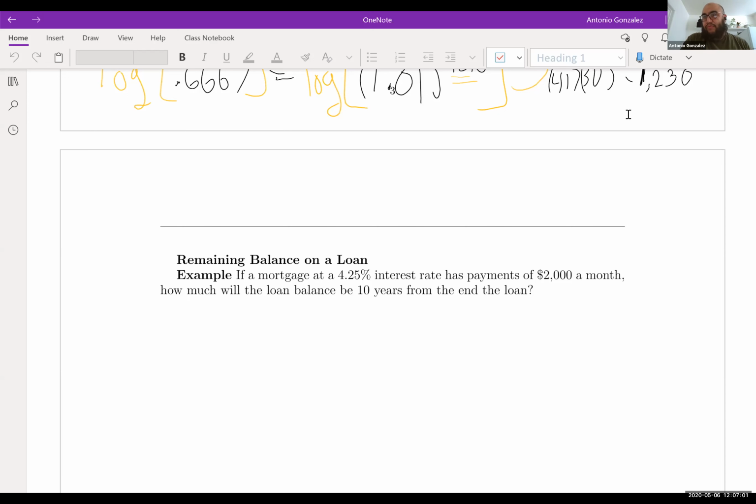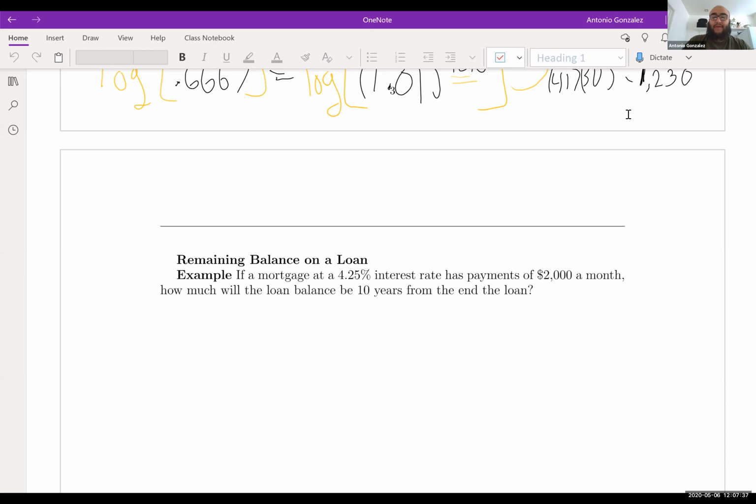For the first several years of the loan, a lot of that is interest, and you slowly break down the principal, and eventually that overtakes, and in the last few years you're making more contributions to paying down the principal. So what we're going to look at today is, what if 5 years, 10 years down the line, you want to refinance? Then the question to ask yourself is, how much am I going to refinance for, or in other words, how much is the remaining balance of the loan?